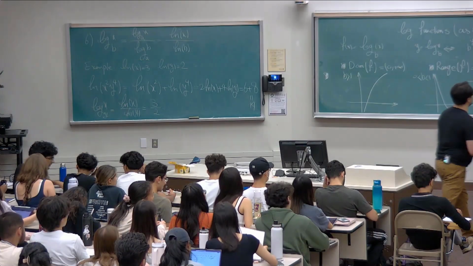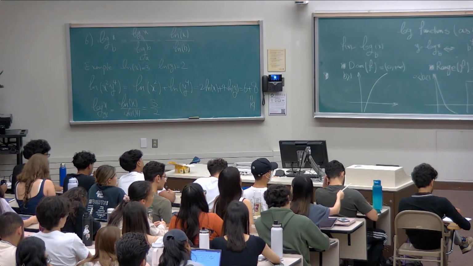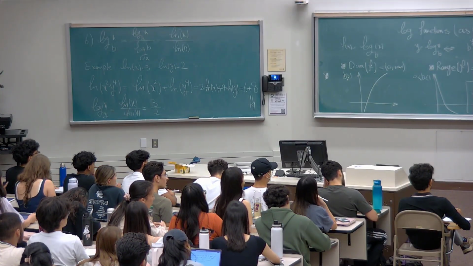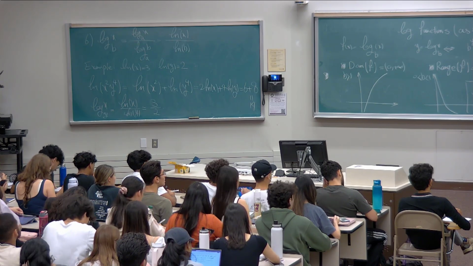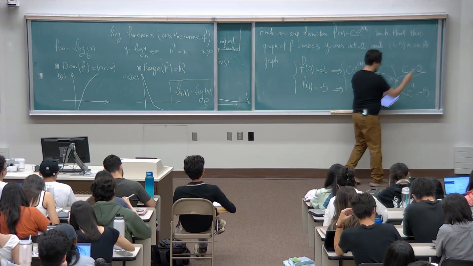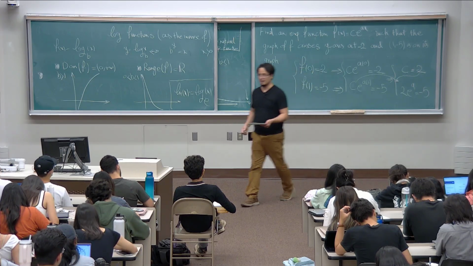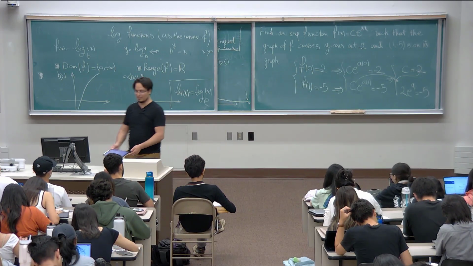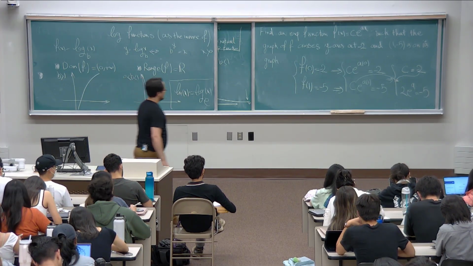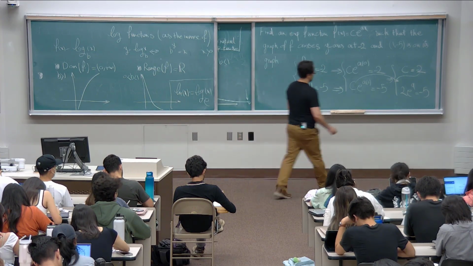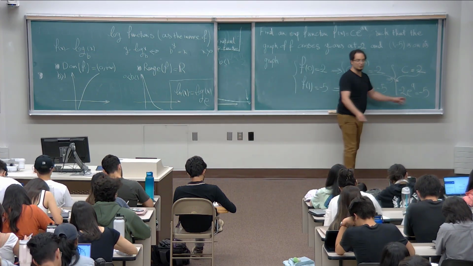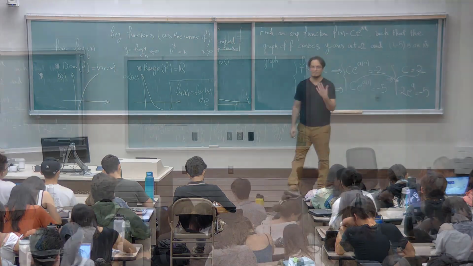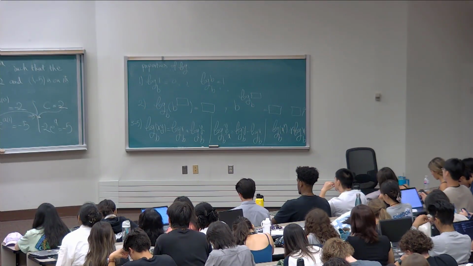Wait. You know what? I am noticing now the mistake I made. This should have been negative 2. Sorry. I knew that I was not doing something right there, and this means that otherwise there's no such function.